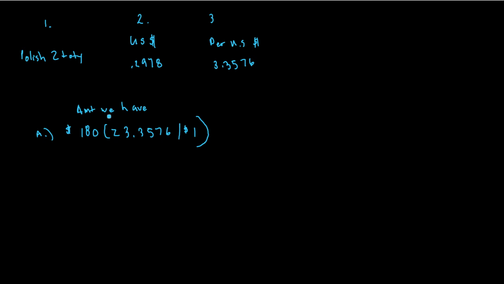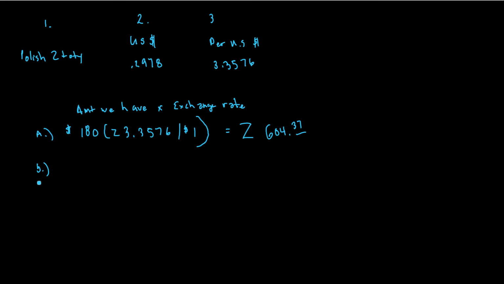So we take the amount we have in US dollars and multiply it by the exchange rate, and we end up with 604.37 zlotys.